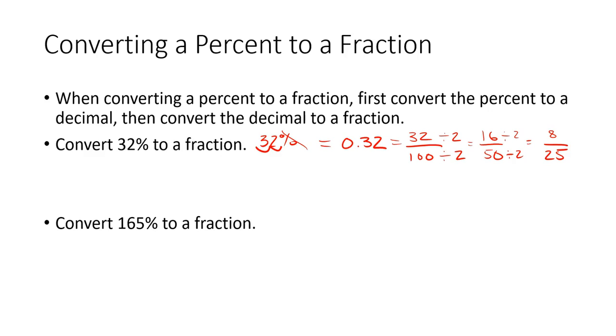We can do the same thing here, 165%. If we convert that to a decimal, it would be 1.65, which as a fraction is 165 over 100. We can then divide top and bottom by 5.